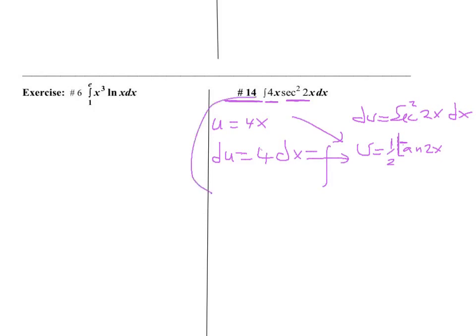So this integration now is equal to uv, which is 4x times 1 divided by 2 tan 2x, minus integration of 4 times 1 divided by 2 tan 2x dx.